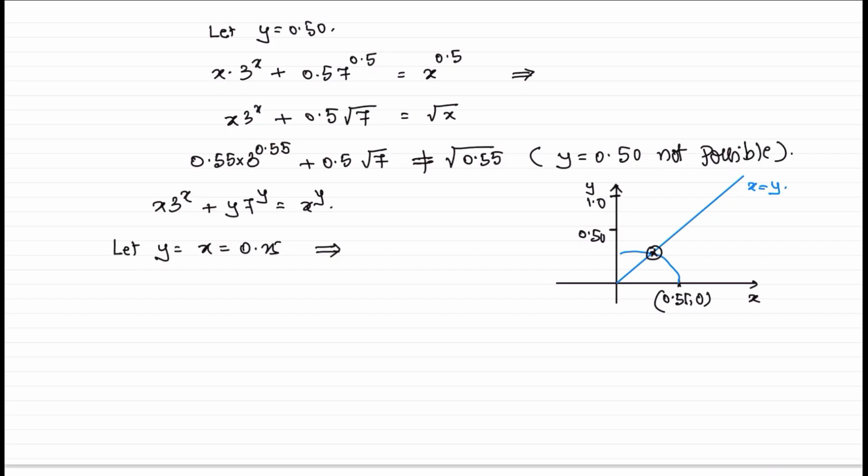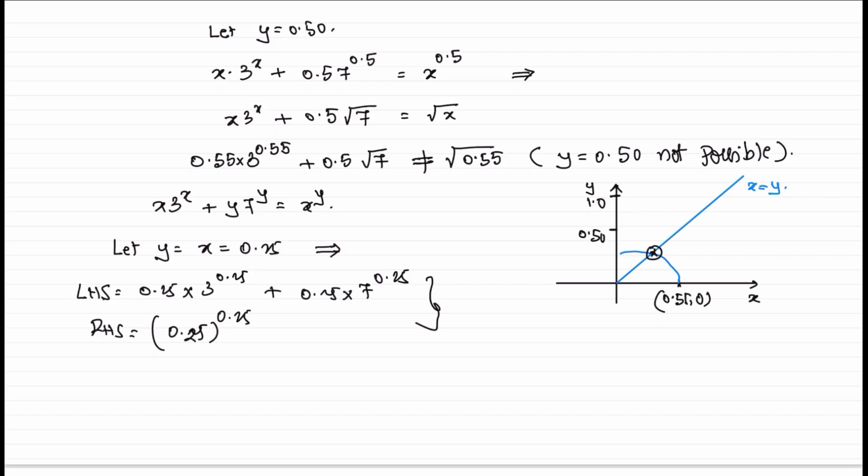Now what is the value of 0.25 into 3 to the power of 0.25 plus 0.25 into 7 to the power of 0.25? Let us calculate left hand side. What is right hand side? 0.25 to the power of 0.25. Now let us see whether it is compatible or not.